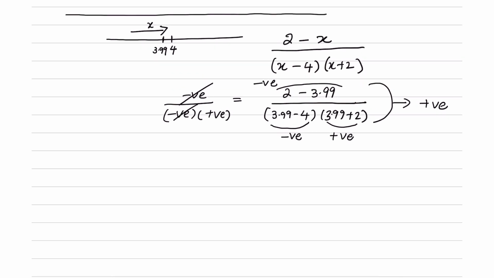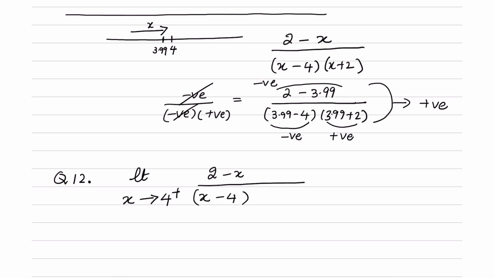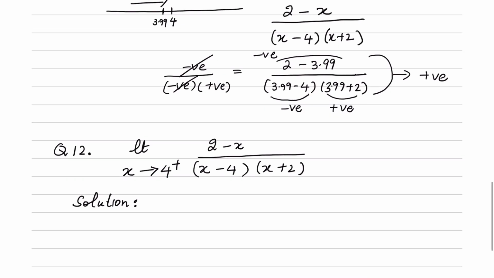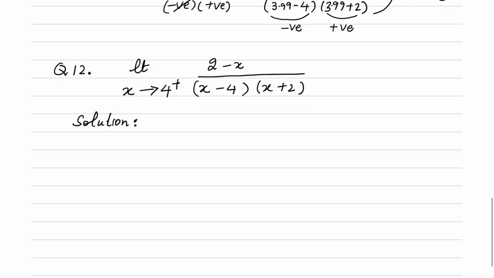Let's look at another example. You have to find the limit when x is approaching 4 plus, meaning x is approaching 4 from the right of 4, for the function (2 minus x) whole divided by (x minus 4)(x plus 2). When you begin this question, you directly have to plug in the x value.